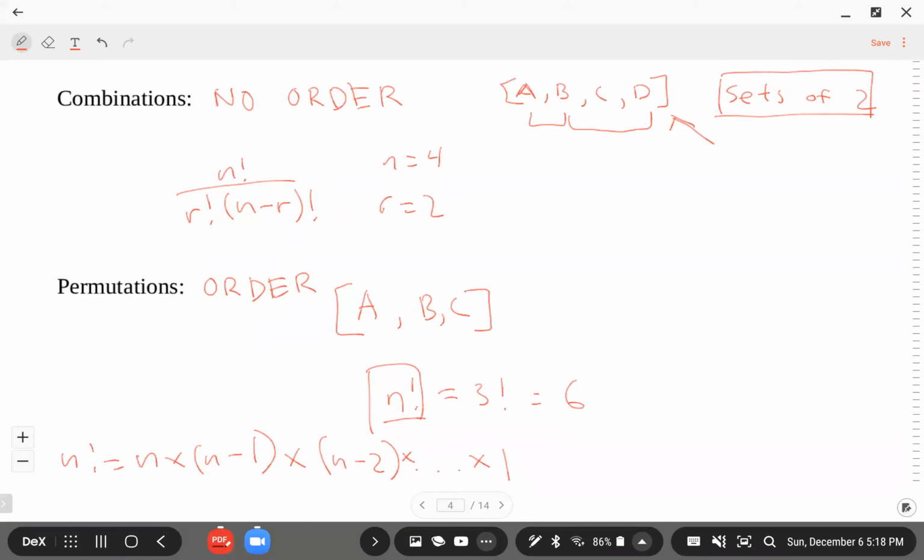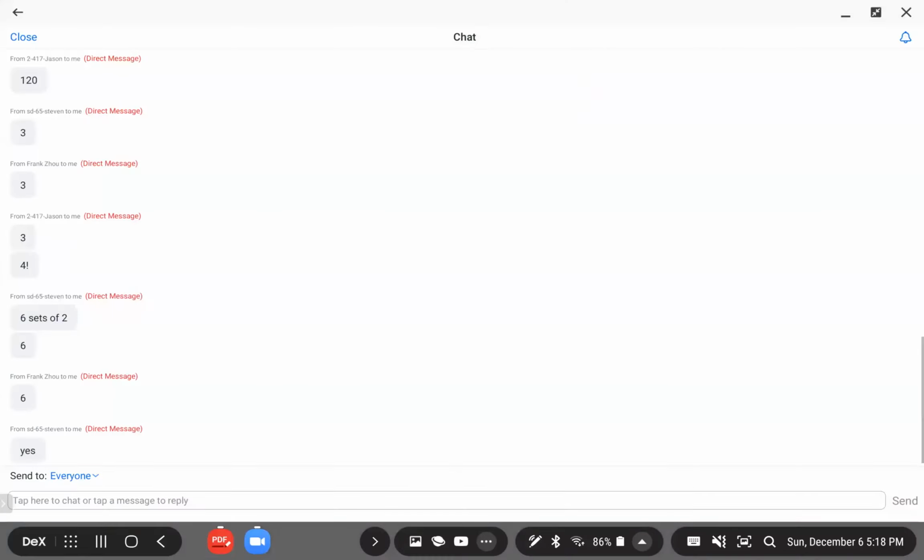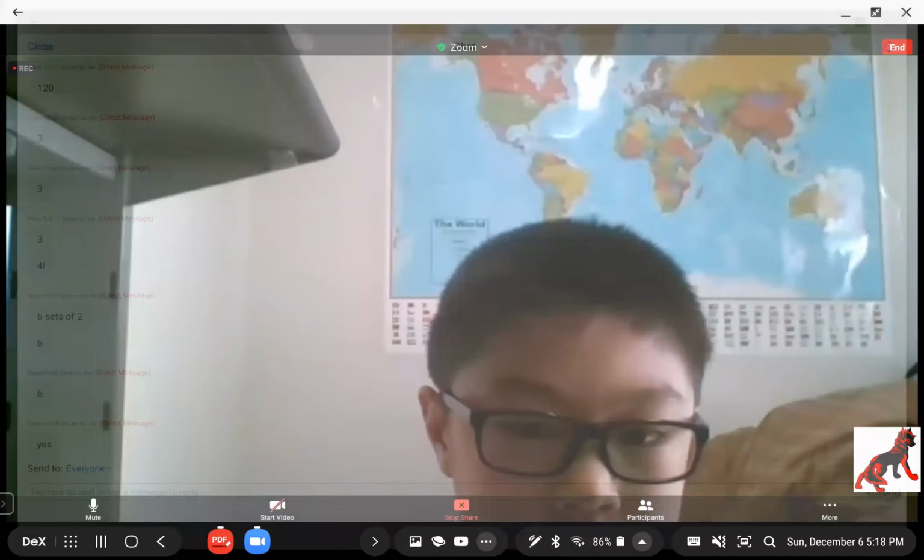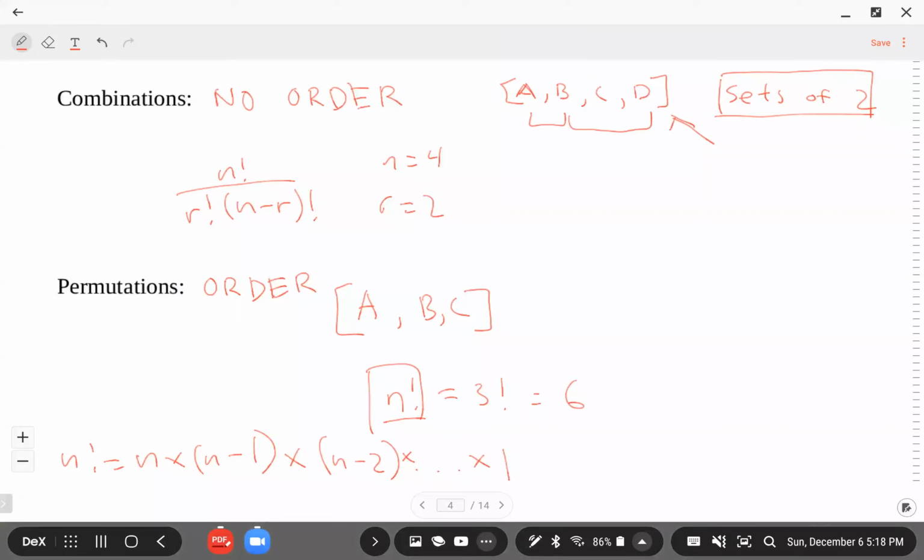Now let's check who answered here. Stephen and Frank, very good. You both answered 6. So we're just going to use the combination formula. We've already figured out that n equals 4 and r equals 2. Now we just plug it in to the formula.